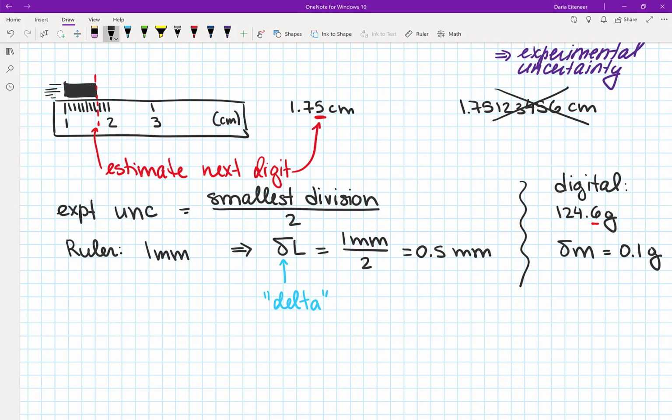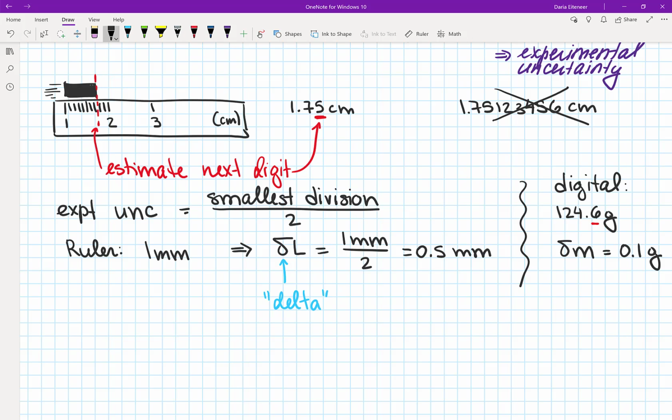So I'm not going to divide that by 2. This is typically how experimental uncertainty is determined. For the analog instrument, you divide it by 2 because you have to estimate that last digit. And for digital, you usually don't because the instrument itself estimates that last digit.